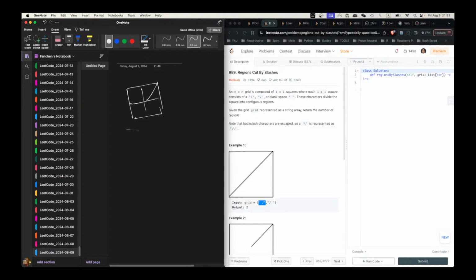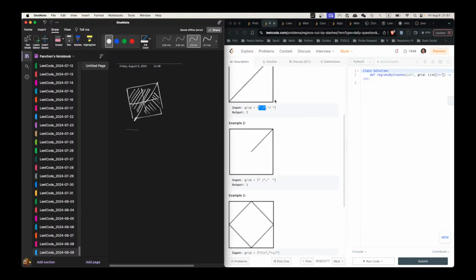It's a slash and nothing. Then we have two regions. One region is here and the other region is here. That is one region. 1, 2, 3, 4, 5 regions.